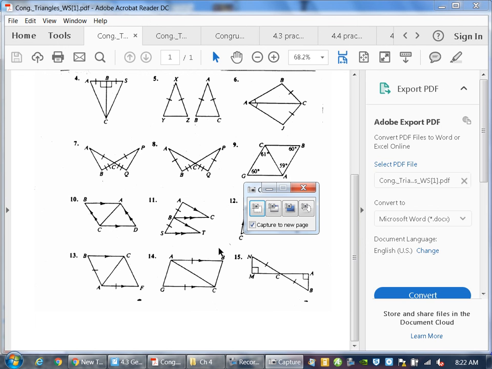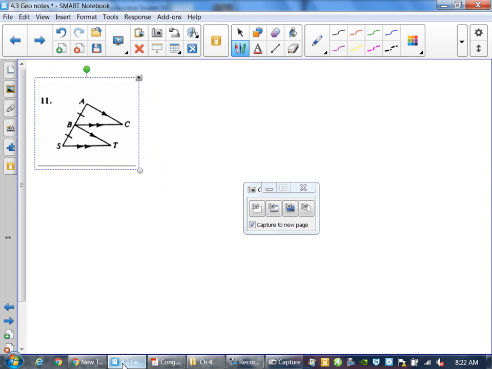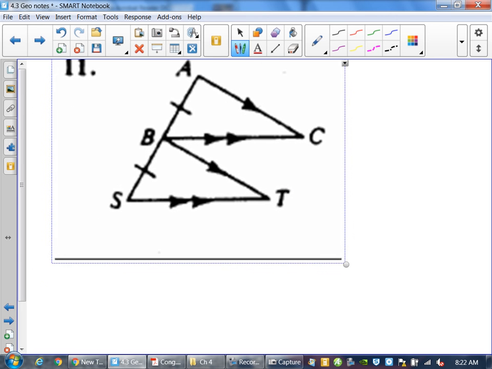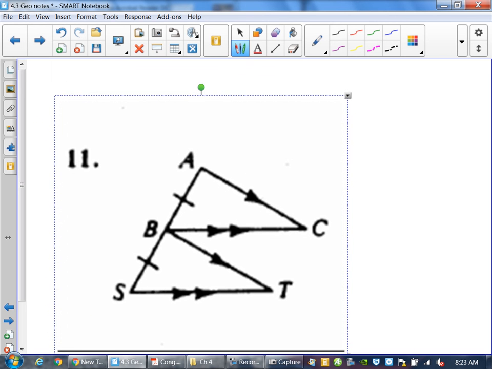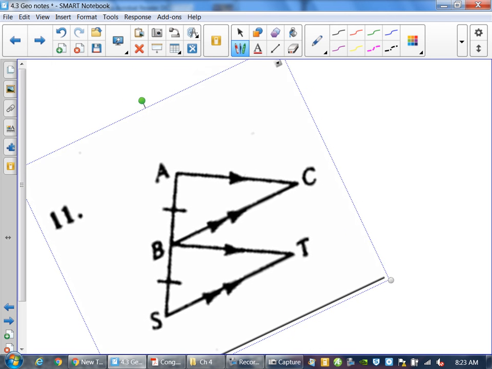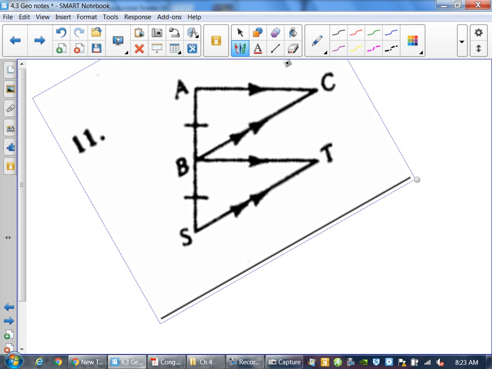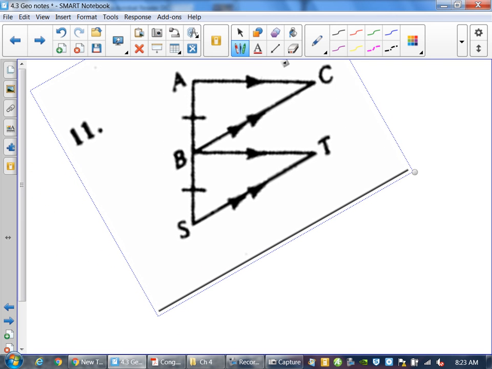Now, one of the things that we know about parallel lines is that we look for angle pair relationships. Do you guys remember those? Two parallel lines cut by a transversal, you get certain things congruent. Now, if I take my paper and I twist it sideways like this, it now looks like how we drew out most of our diagrams before. Is everybody okay with that?